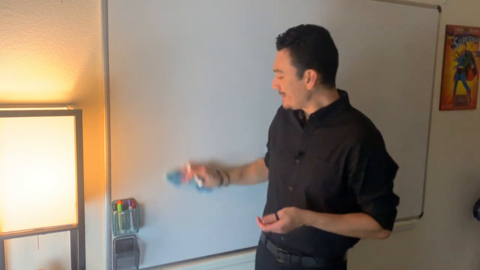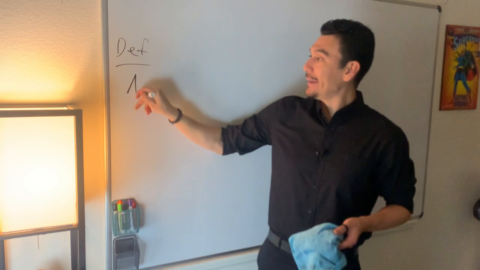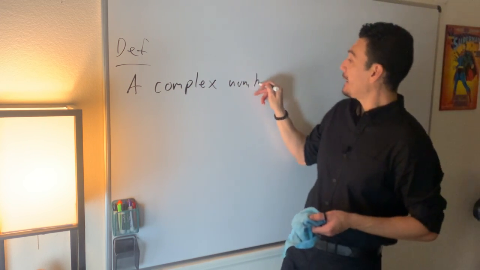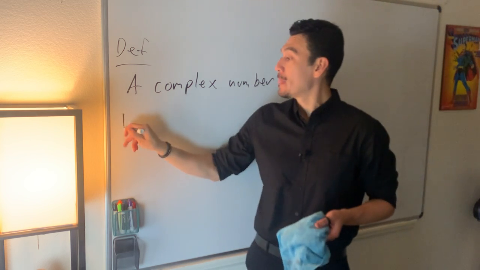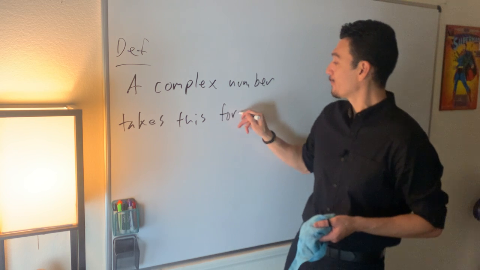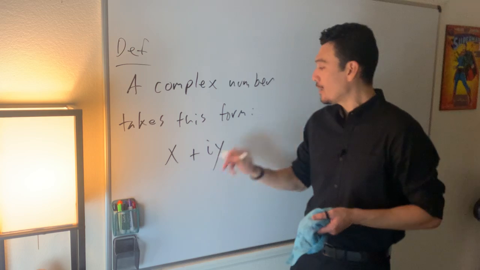So let's jot down this definition. Definition: a complex number takes this form. It looks like x plus iy.